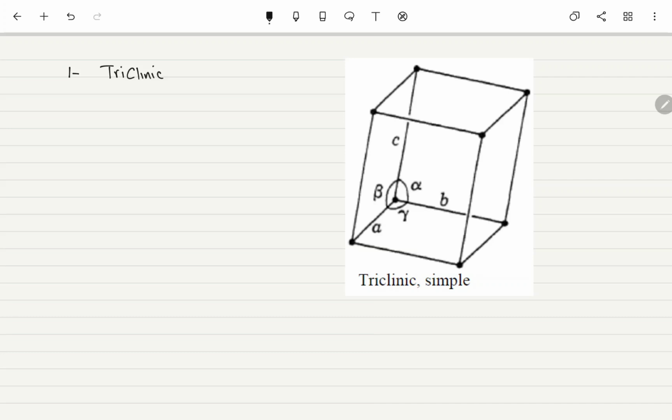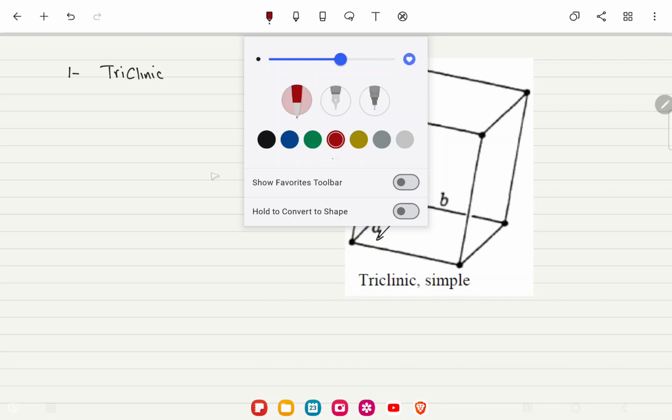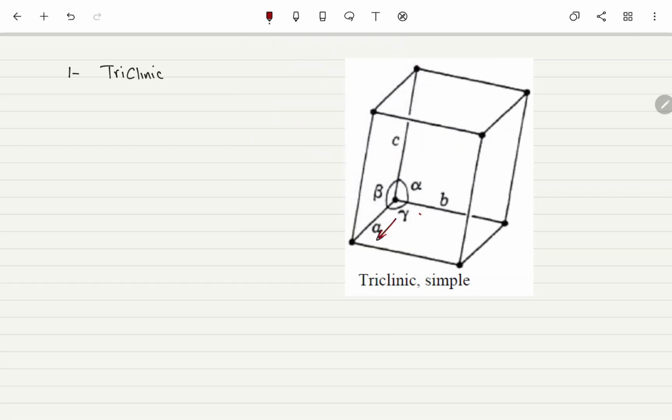As we can see here, we have lattice vectors A, B, and C. In triclinic, A does not equal B, not equal C, and alpha does not equal beta, does not equal gamma, and it is called simple triclinic. We only have one type of this lattice.